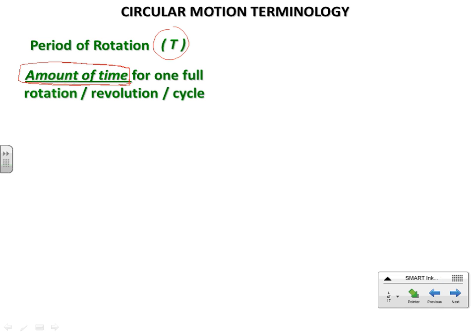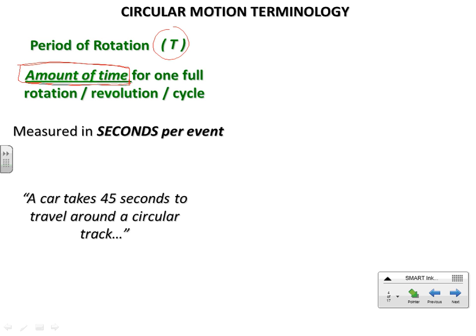Period is by definition the amount of time for something to go through one full rotation or revolution or cycle, measured in seconds. A car takes 41 seconds to go around a circular track. Sure, an amount of time to go around once. Time per event.